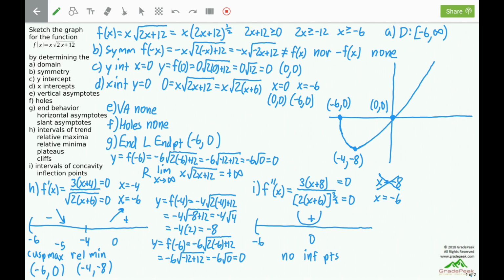It does have the right end behavior of positive infinity as it should. And it's following the domain starting at -6, including it. It's a left end point. We found it to be a cusp maximum with a right cusp happening. Everything's being followed here. Therefore, this will be the graph of f of x.